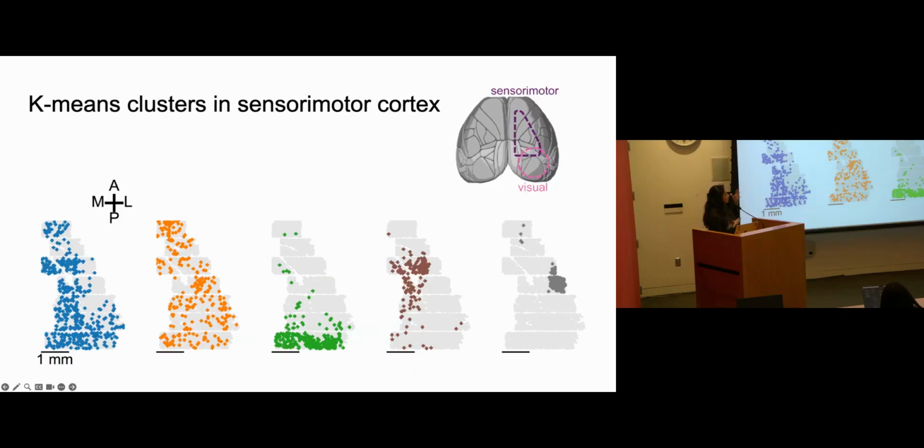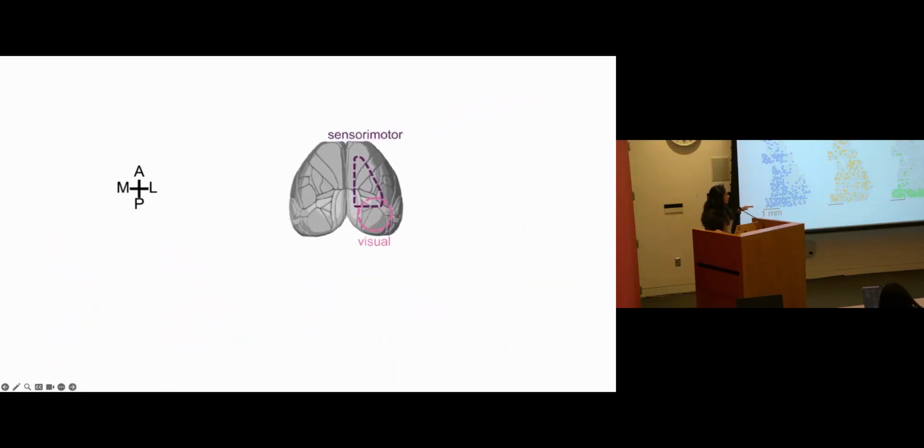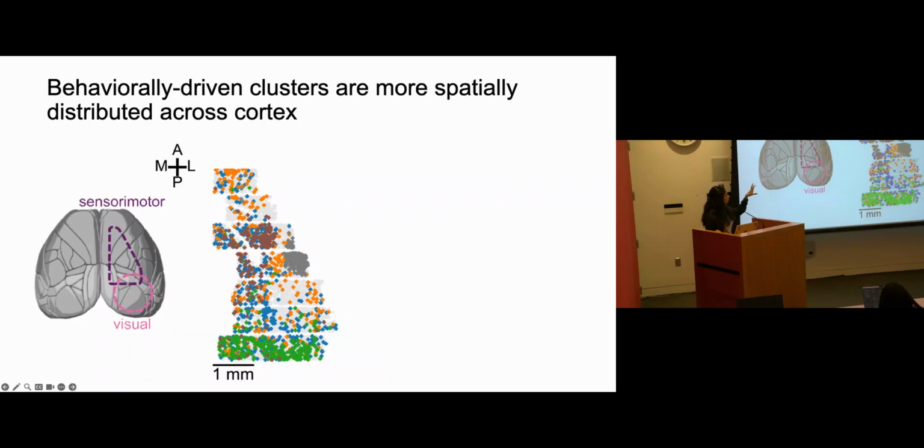So we were interested in the question, like you mentioned, is it a certain region of the sensory motor area that's more related to behavior, or which of these clusters? You can see that some of these clusters are more spread across and some are more localized, based on their firing pattern. Then I can plot all those subpopulations, colored by different colors.